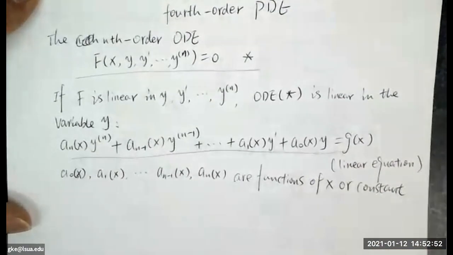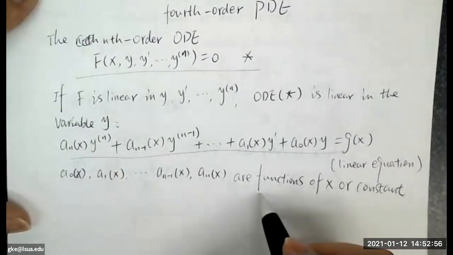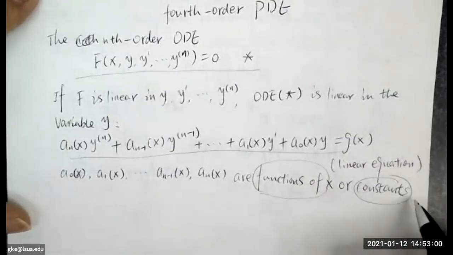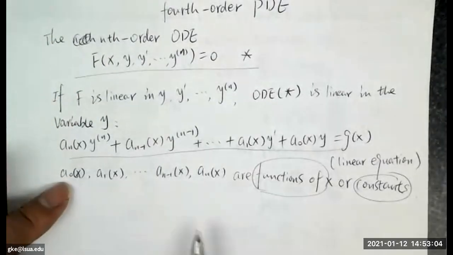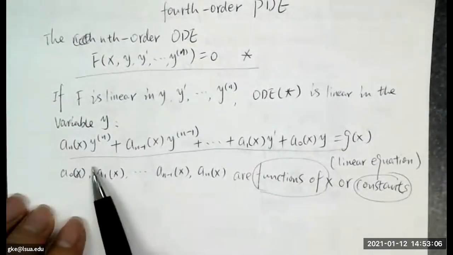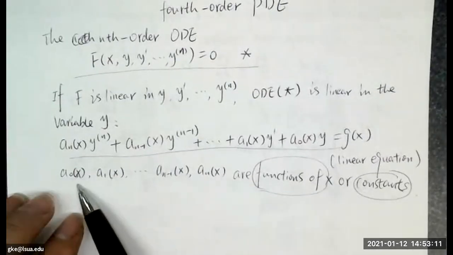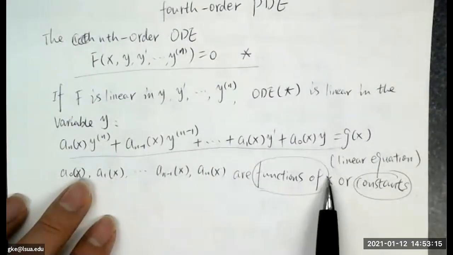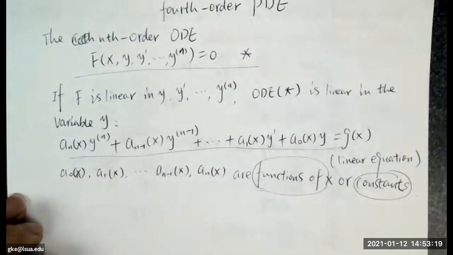That's very important. Okay, so these coefficients can only be a function of x or constant. Okay, and if a_0(x) is y, that means this is not a linear equation. So if a_1(x) equals y, that's wrong. It's only a function of x, nothing to do with other variables. Okay, that's a requirement for the linear equation.